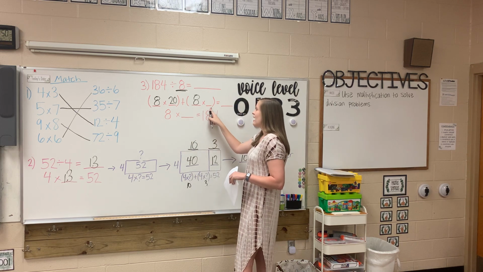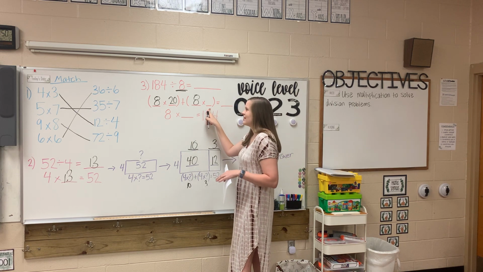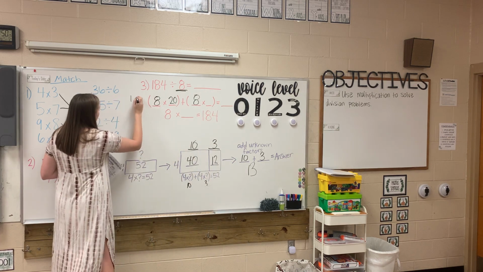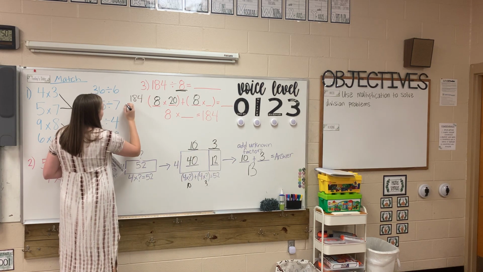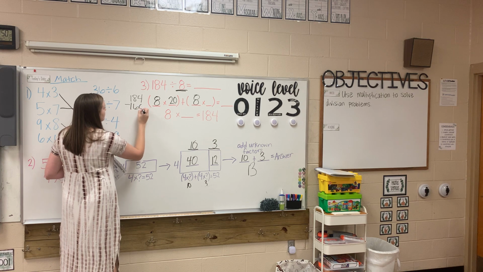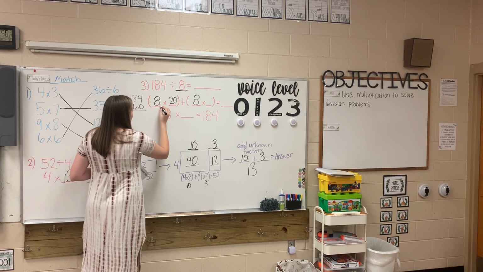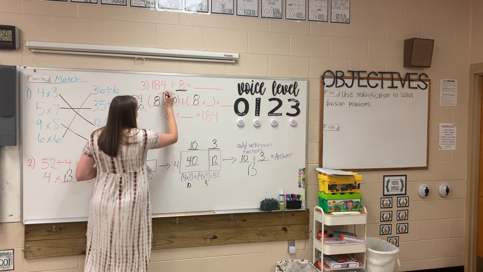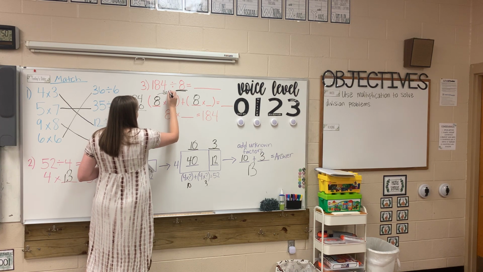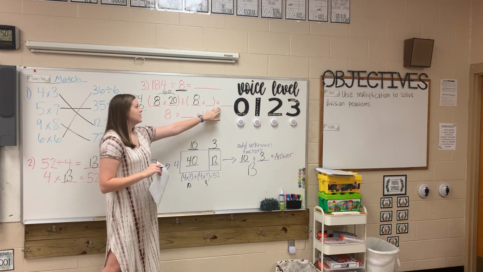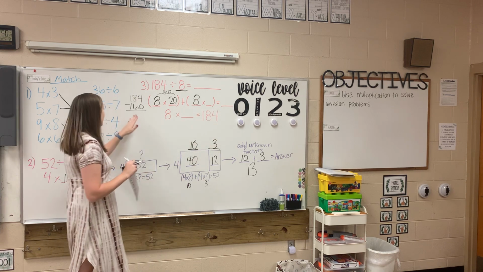Well, we need to figure out what we have left that we need to multiply by. So we're going to take 184 and subtract 160, because that's what we already have right here, right? This is equal to 160. So we need to find out 160 plus what equals our answer, right?